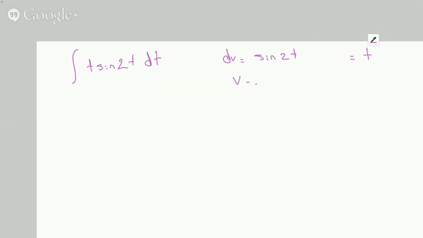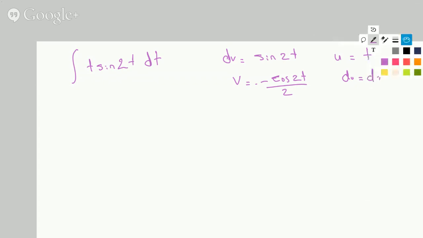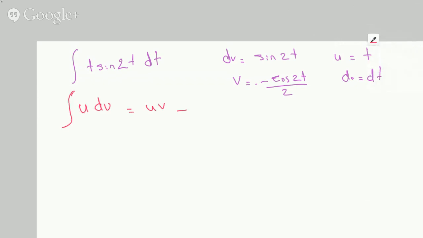So v will be negative cosine 2t over 2, the integral of sine 2t, and if t is u, then du is just dt. And the integration by parts formula goes something like this: the integral of u dv is equal to uv minus the integral of v du.